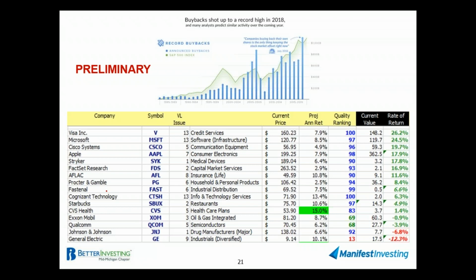And again, the situation at General Electric is they bought $50 billion worth of shares. Most of that $50 billion spent within the last couple of years for shares that are now worth $17 billion. So 50 went to 17. That's not exactly stellar performance.